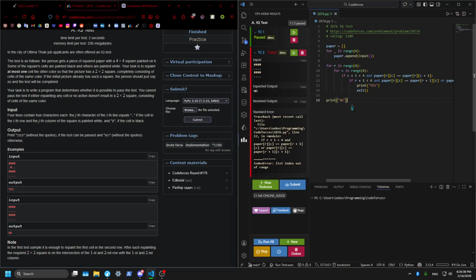Index out of range, why? Diamond in the rough.